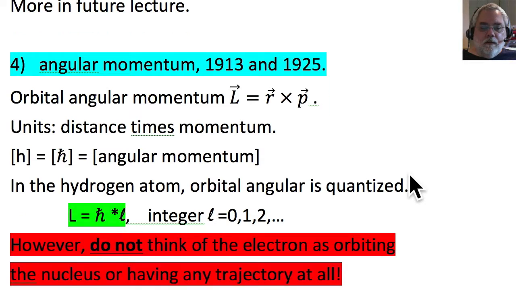However, don't ever believe or think that the electron is really orbiting the nucleus or that it has any trajectory at all. When you take general science or high school physics or high school chemistry, they will show you the electron orbiting the nucleus.